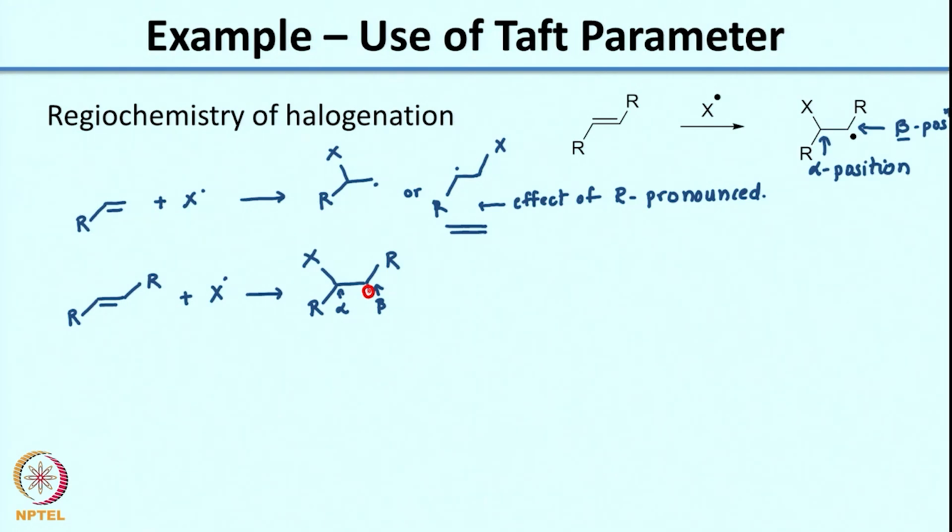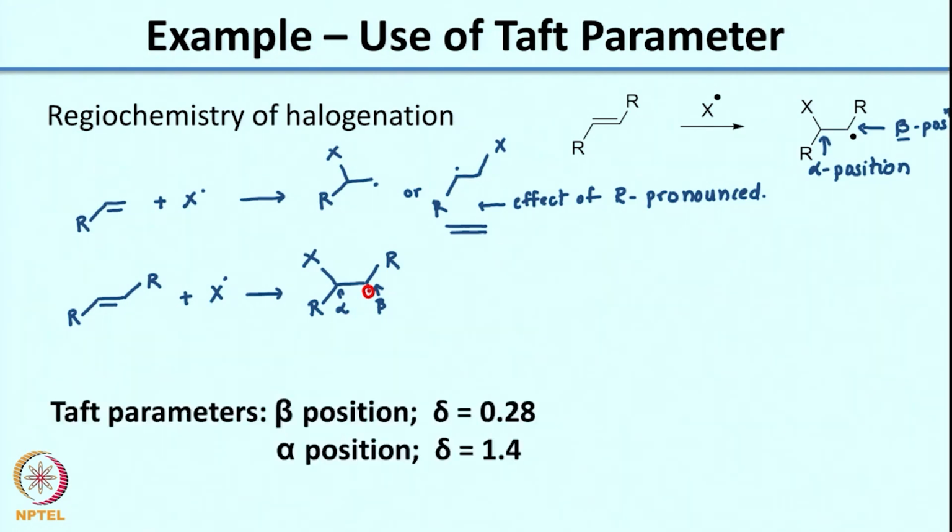Sterics actually plays a very important role at the alpha position. So here for this particular reaction, the value of delta was determined. So if you look at the previous slide, delta gives you correlation with Es, alright. So here you are looking at how it correlates with Es.